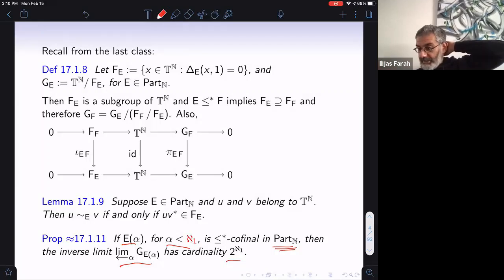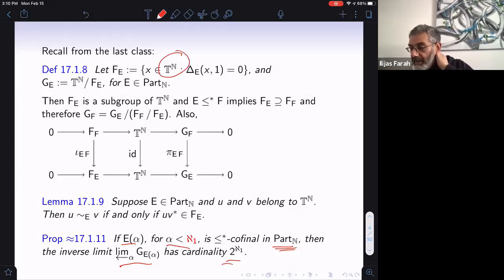And just before I go on, you see cardinality 2 to aleph 1, the cardinality of T to N is 2 to aleph 0. And so if you have the continuum hypothesis, this is a strictly smaller cardinal, which means that many elements of this inverse limit are non-trivial.